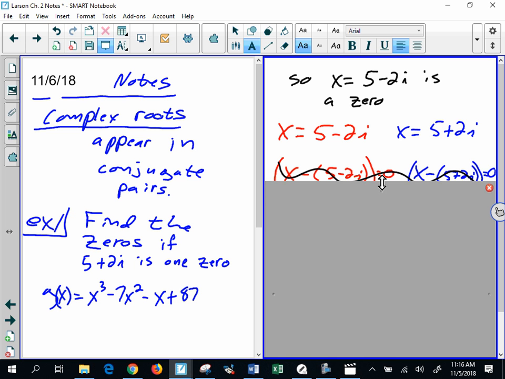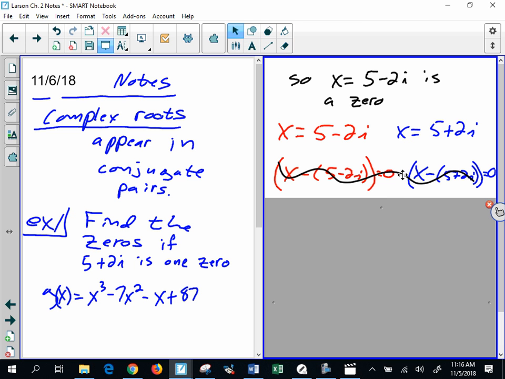I'm going to kind of set that equal to 0. If x equals 5 minus 2i, if I have a factor, it was going to be x minus 5 minus 2i equals 0.